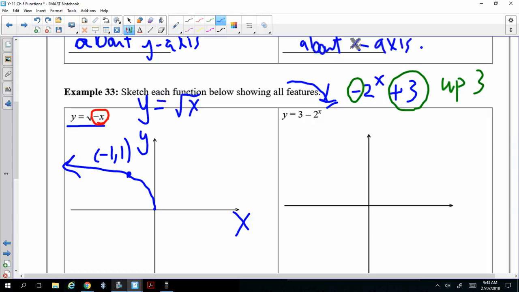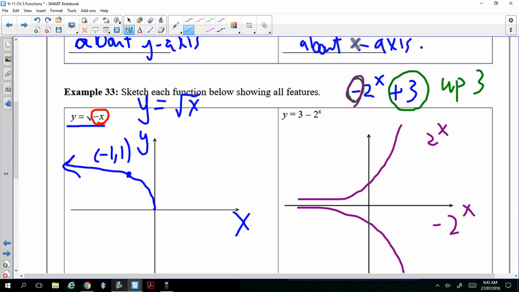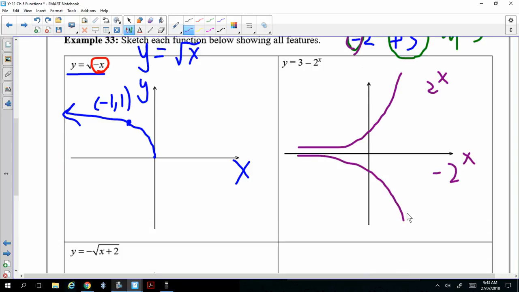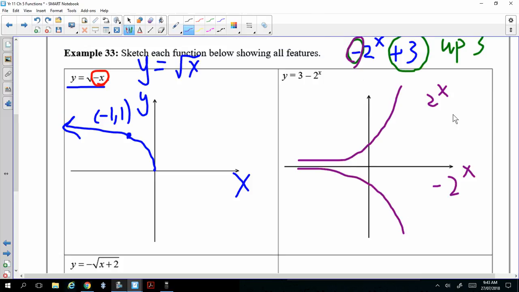What does negative 2 to the power x look like, with the extra negative? It goes like that, right? So the negative reflects the graph about the x-axis. So now we're going to shift this graph up 3 units.